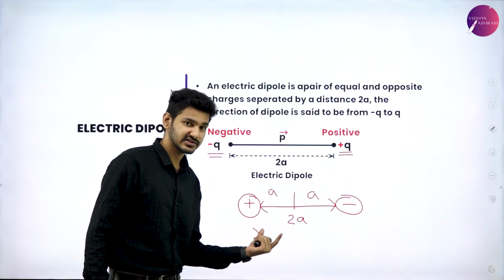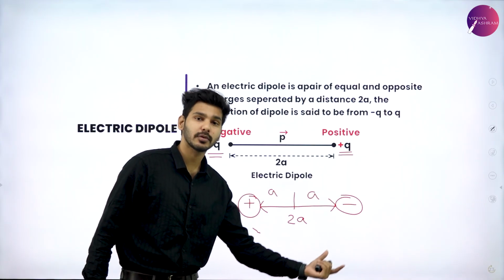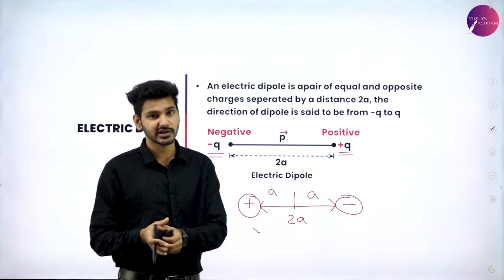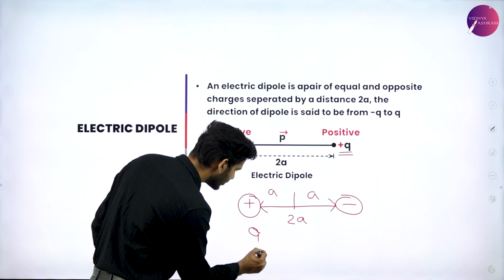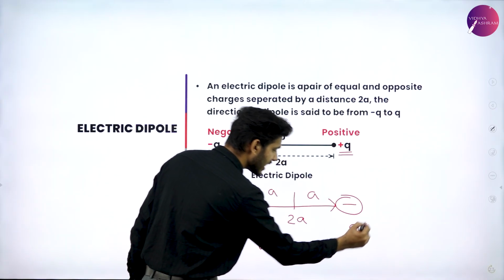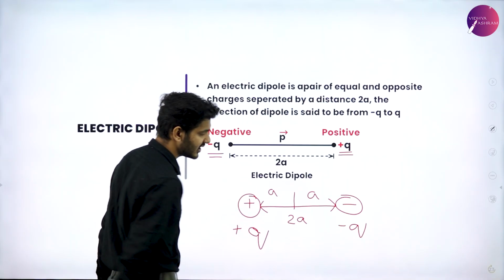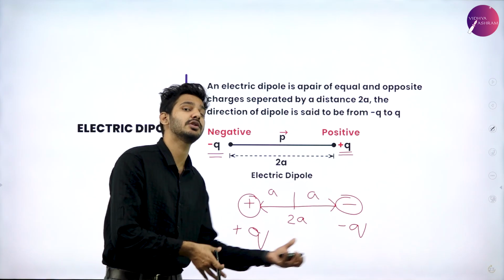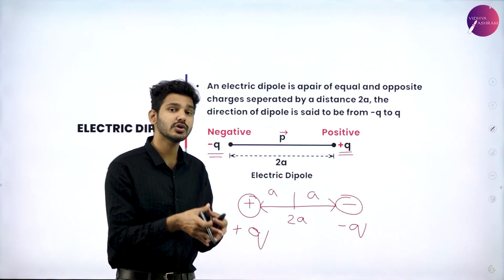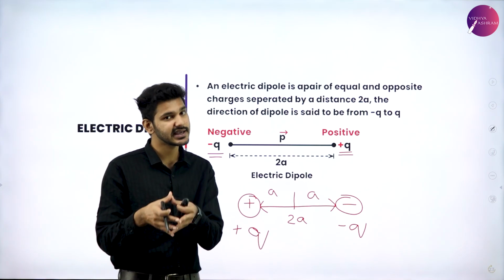So two charges which are opposite in polarity but equal in magnitude. If this is Q, this also should be Q, but one should be positive and the other negative. That should be the only difference between these two charges. The magnitude of the charges should be the same.